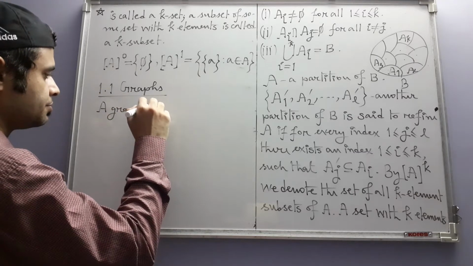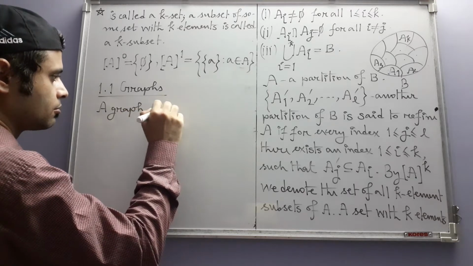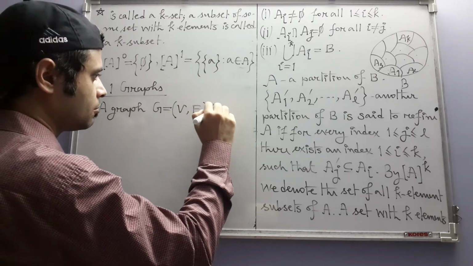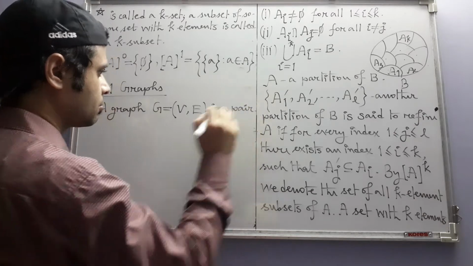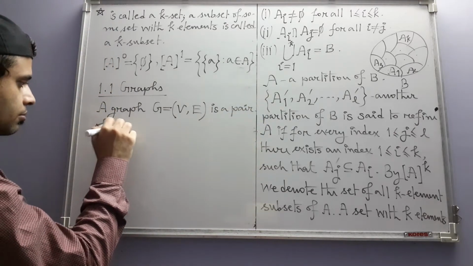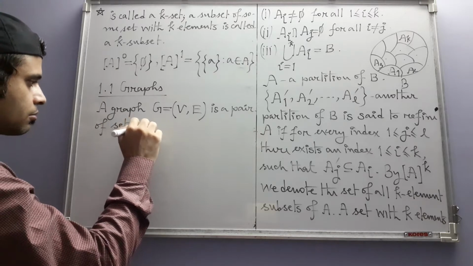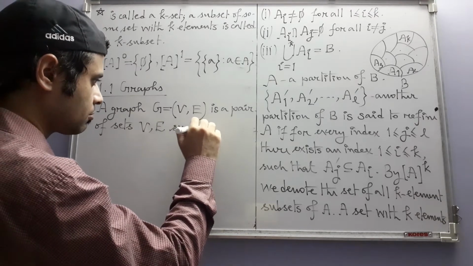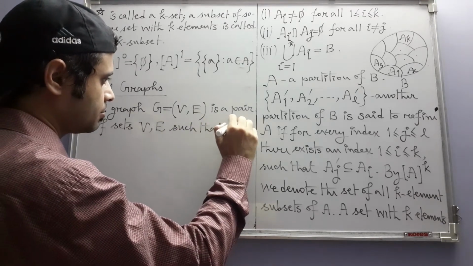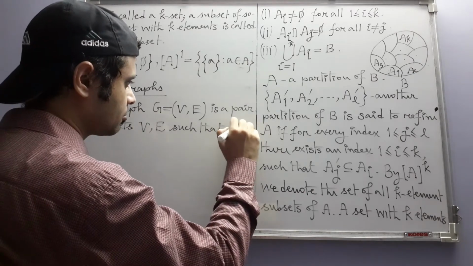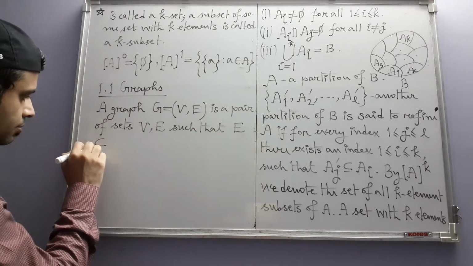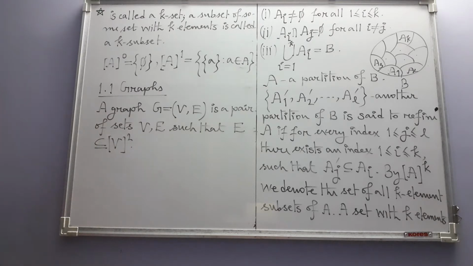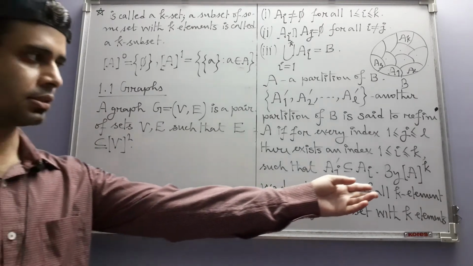A graph is a pair of sets V and E such that E is a subset of this, where the meaning of this is coming from here.